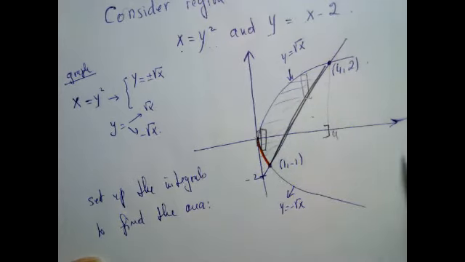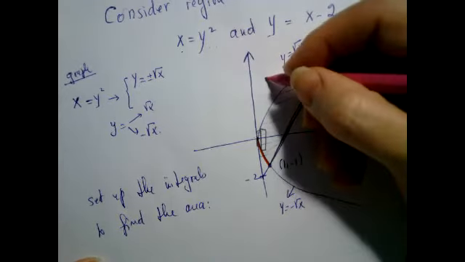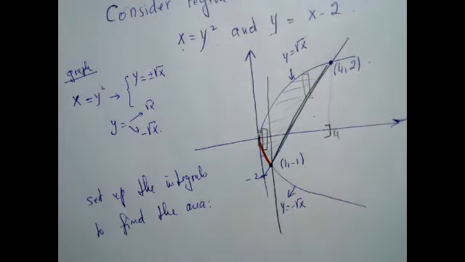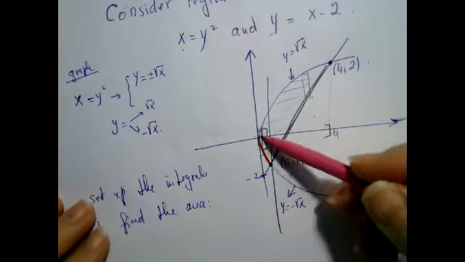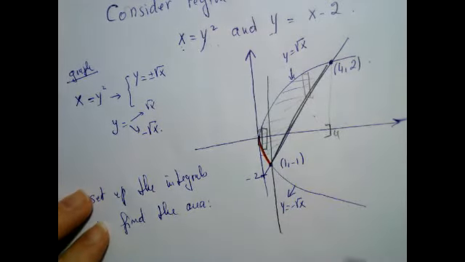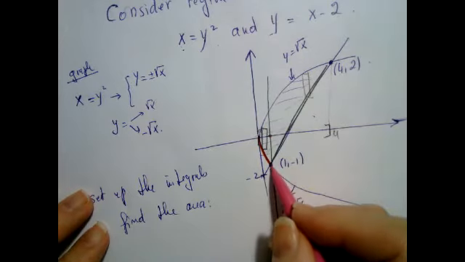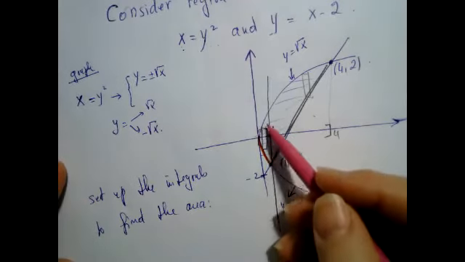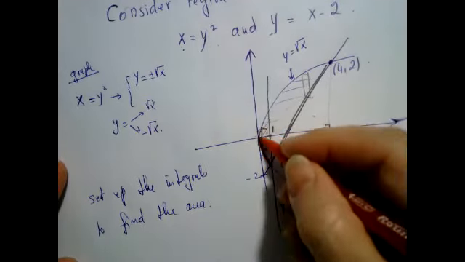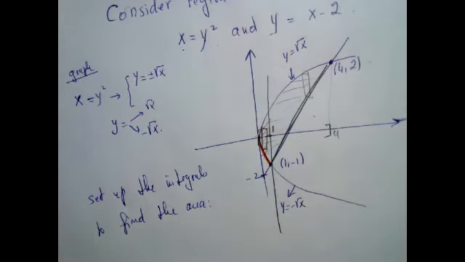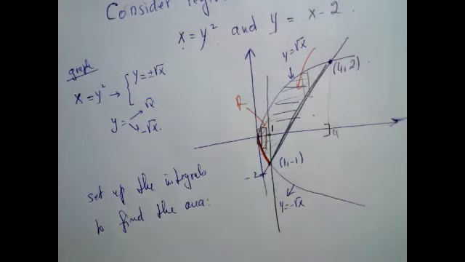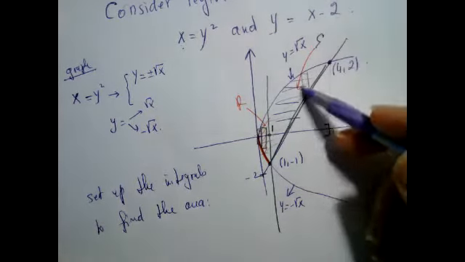So to be able to find the area, I have to split into two pieces because my bottom curve is changing. The splitting is at 1, up to 1. As I did in the previous problem, I have to find this area by itself, and I have to find this one. I'm going to call this R and this S. The reason is I don't have one formula that works.